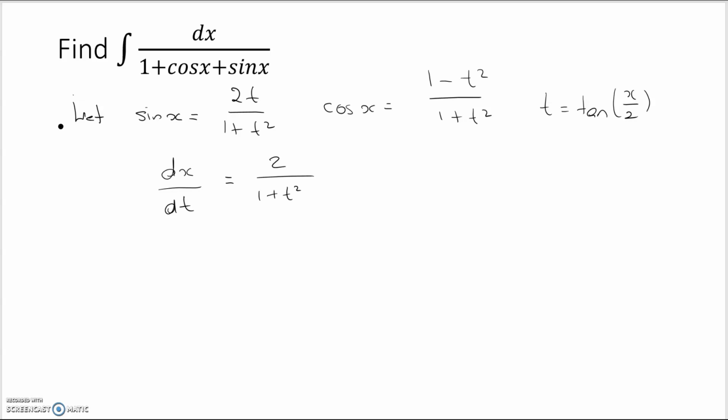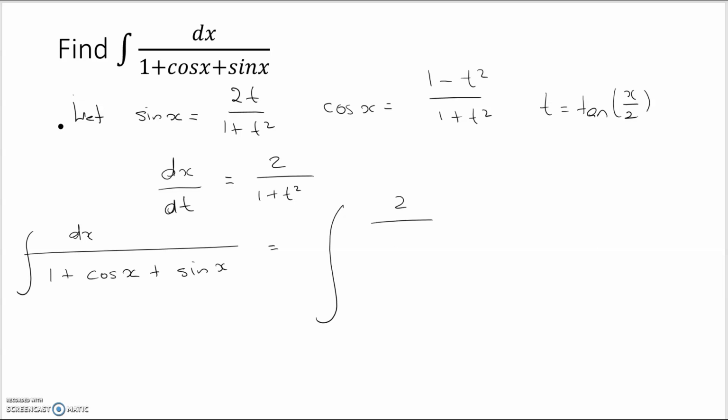So, putting it all in together, then we have, and it's just algebra, 2 over 1 plus t squared over 1 plus 1 minus t squared over 1 plus t squared plus 2t over 1 plus t squared dt.